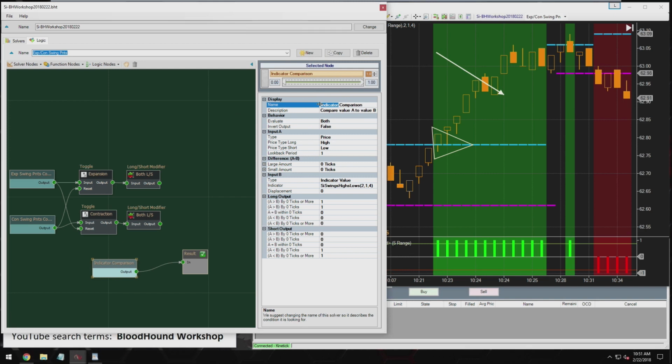Let's name this solver here. So what do we got here? Price is breaking out of the swing points. There we go.